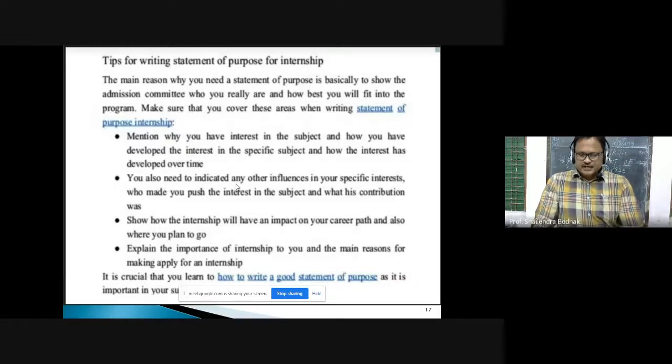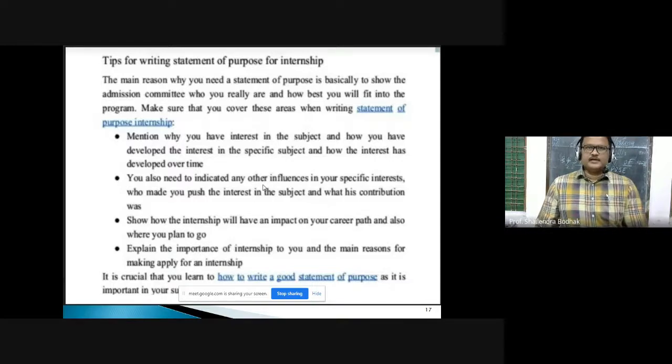It is crucial that you learn how to write a good statement of purpose, as it is very important for your success. If you want to get admission in a proper college or university or a graduate school which is in India or it may be abroad, see that you start practicing now so that you will be able to write a perfect statement of purpose.